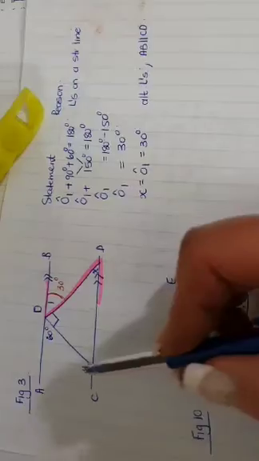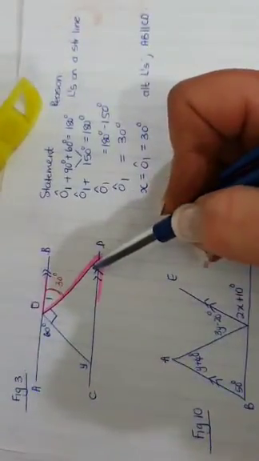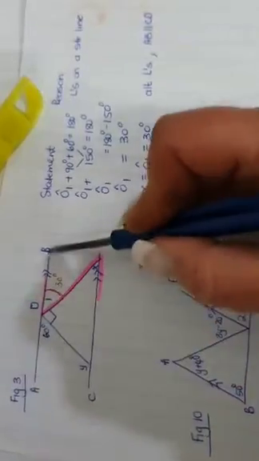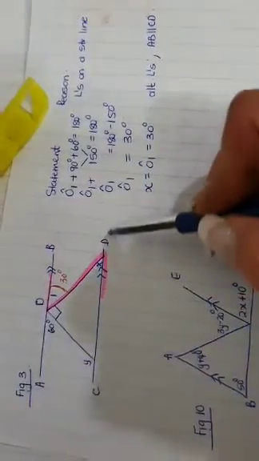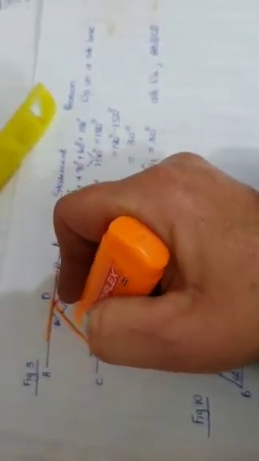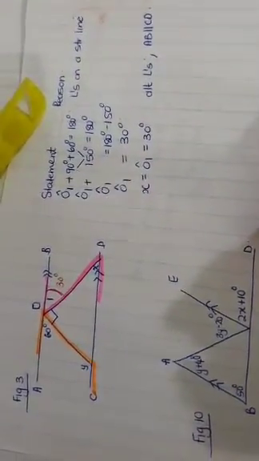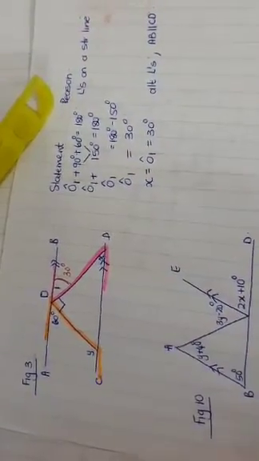Okay, now we move on to the letter Y. Remember, even if the arrow is there, it implies that the whole line is parallel to that line. So when you are finding the letter Y, you notice that you've got the C shape. Remember, it is either a C or a U shape that you're working with.